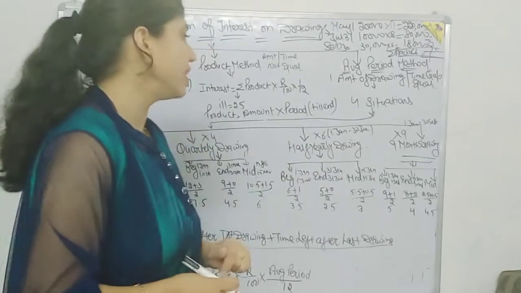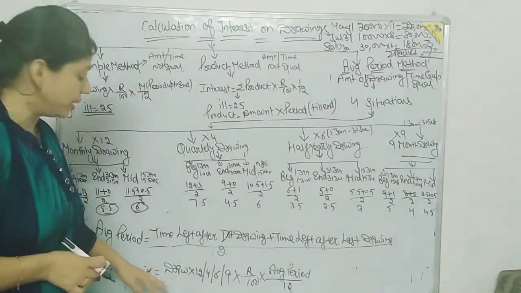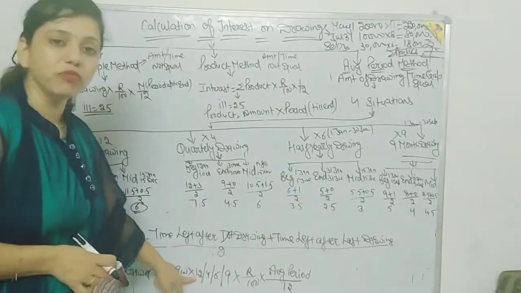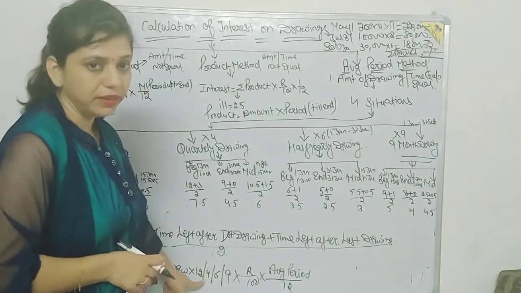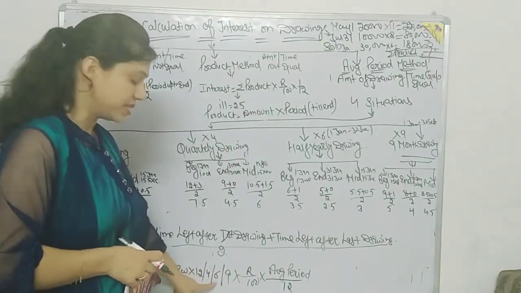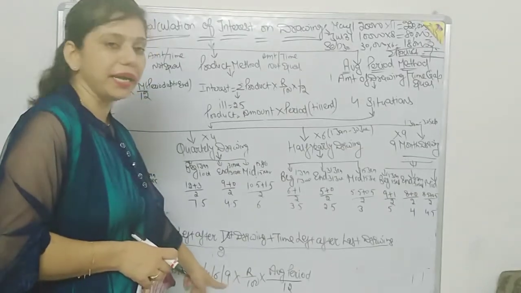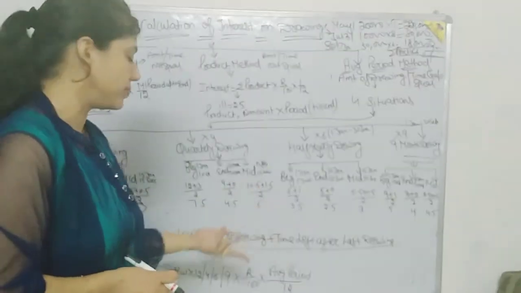So how we will calculate? What is the formula? Here interest on drawing we will calculate by drawing multiplied by 12 in case of monthly, multiplied by 4 in case of quarterly, multiplied by 6 in case of half yearly, and multiplied by 9 in case of 9 monthly, as the situation given in the question.